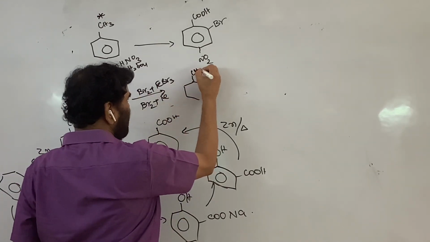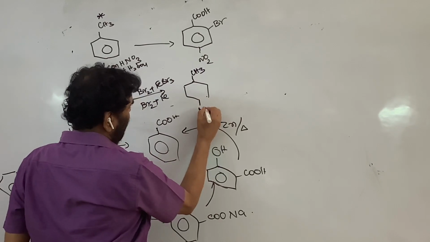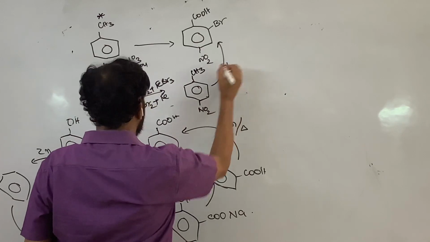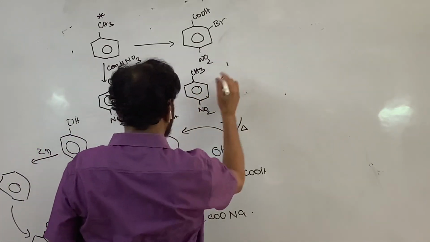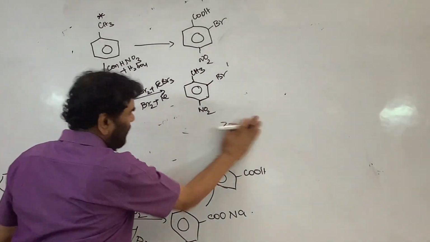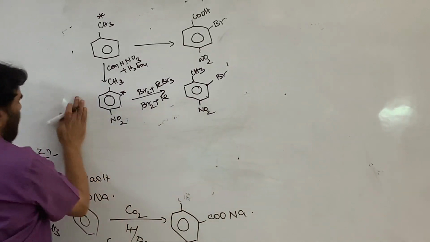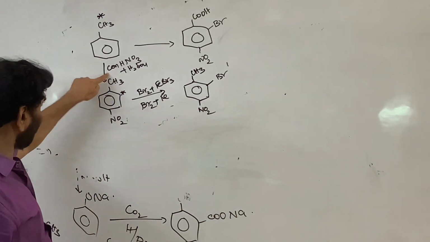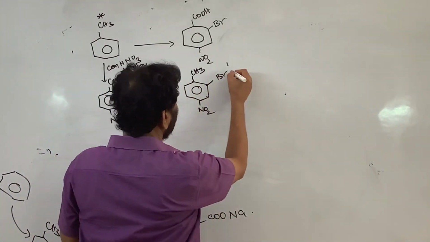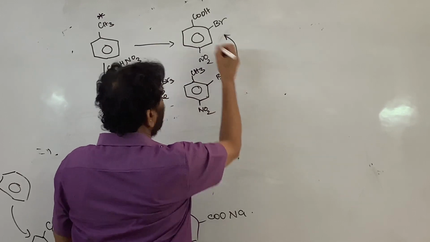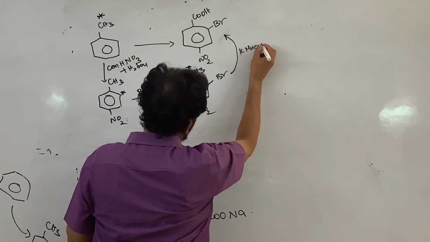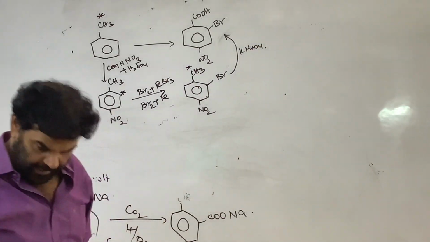Further substitution takes place here. Yes, introduced here. First nitration, followed by bromination. Convert the CH3 group into COOH group by treating with KMnO4. Everything is nicely done.